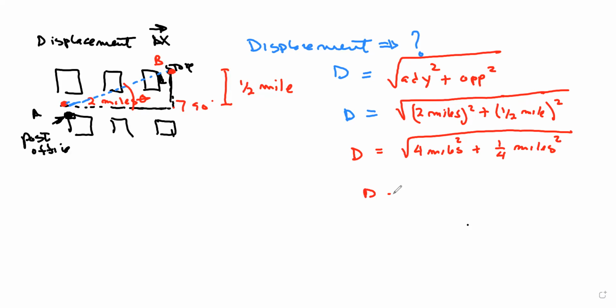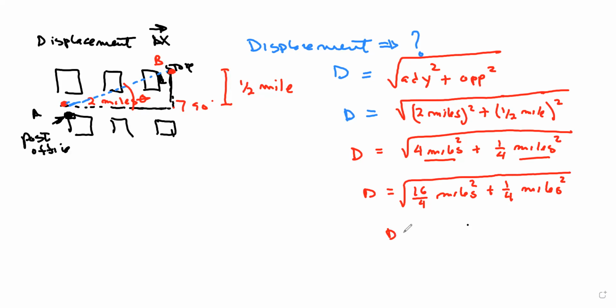So your displacement is going to be equal to, if you add these two before you get the square root, 16/4 miles squared plus 1/4 miles squared, and then the square root of all that. 16/4 plus 1/4 is going to be 17/4 miles squared, and then you get the square root.